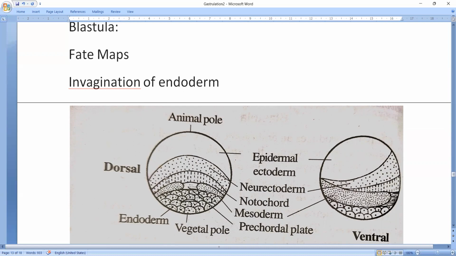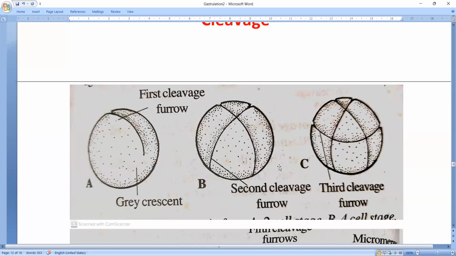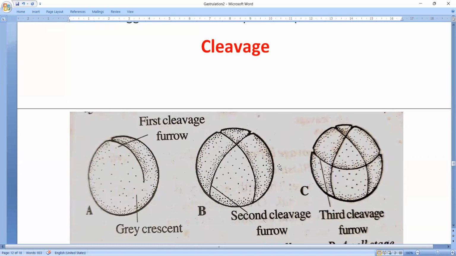This is notochordal plate, and this is outermost ectoderm, the neuroectoderm. So it's a fate map. ఇది ఒక ఫేట్ మ్యాప్. ఫ్యూచర్ లో ఆ ఏరియా నుంచి ఏం ఫామ్ అవుతుందని ఫిక్స్ చేయగలిగే ఆ ఇమేజ్.